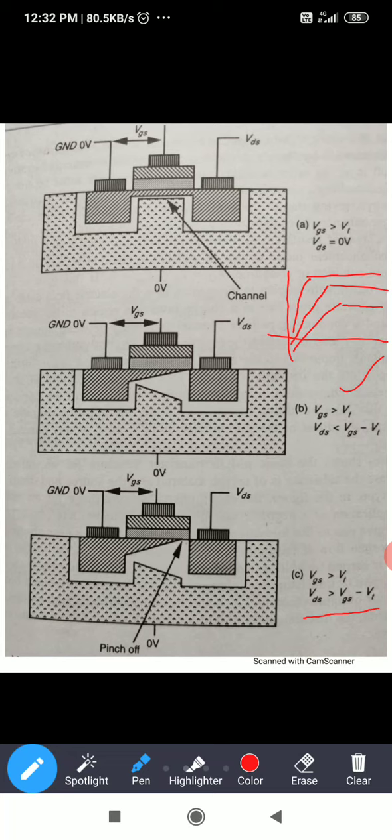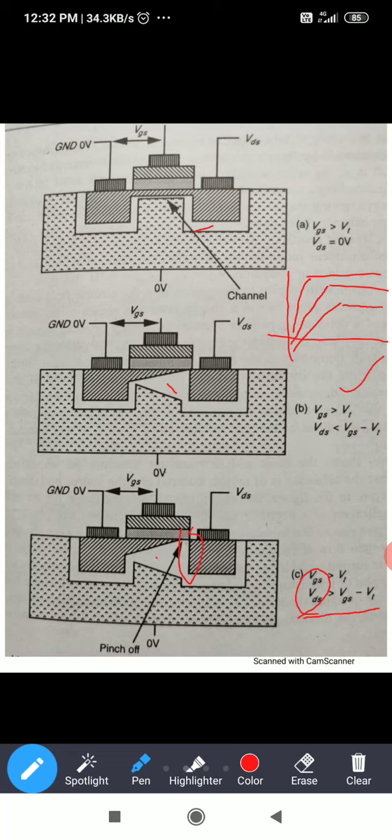When we keep on increasing this VDS, drain to source voltage, because of this drain voltage potential, the depletion layer increases, then the channel is pinched off, means here the channel is closed. This white region is called the depletion region.